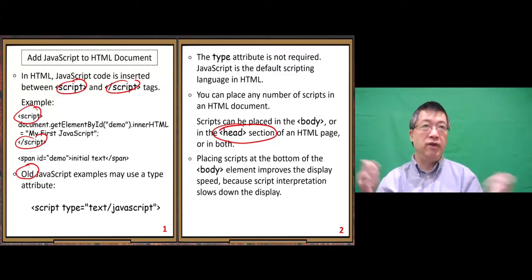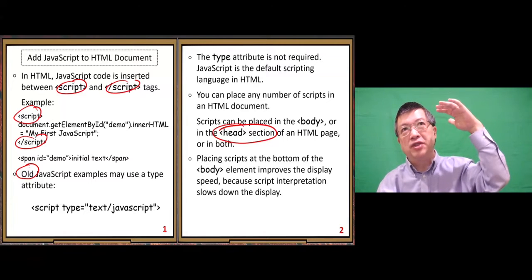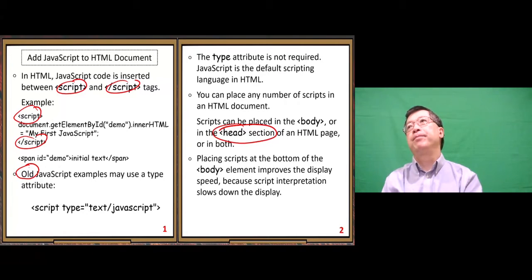The reason is very simple. It's true there is some display speed difference, but that difference is extremely small. You cannot notice it, because right now our computers are very powerful. A page with JavaScript displays so fast that nobody can notice that difference.